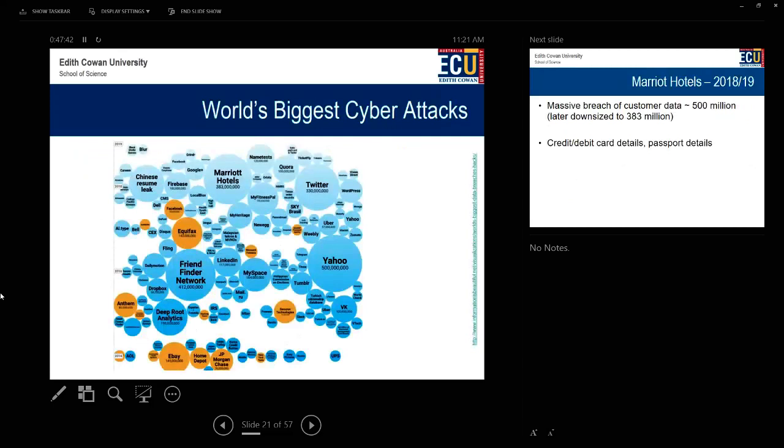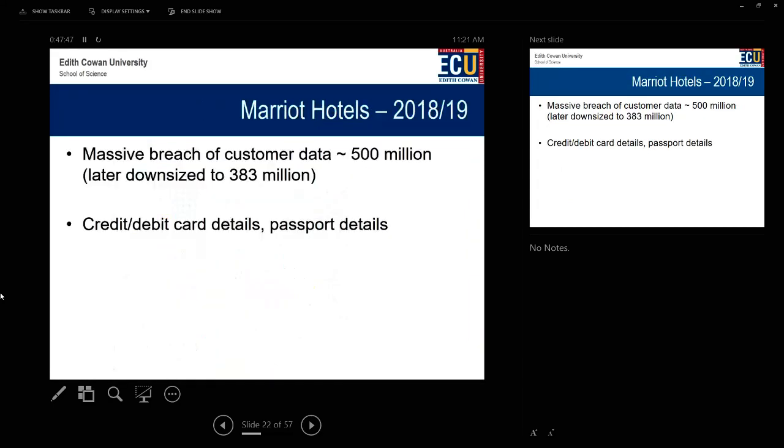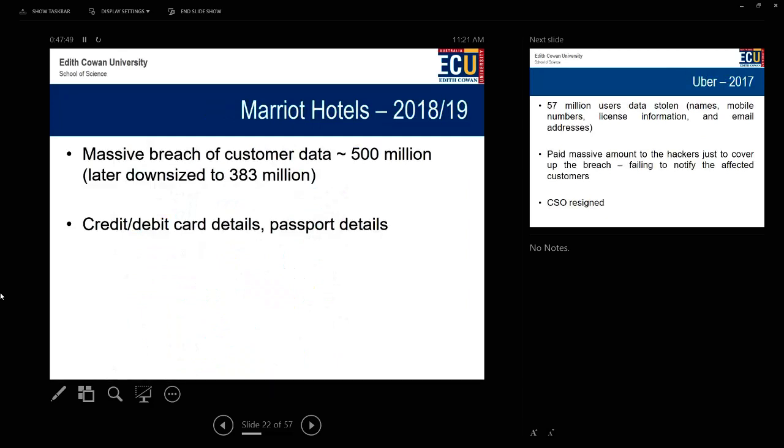So first I'll discuss Marriott Hotel. It was a massive breach of customer data. Initially it was claimed that approximately 500 million users' data was compromised, but later when the investigation was done, it was downsized to 383 million.